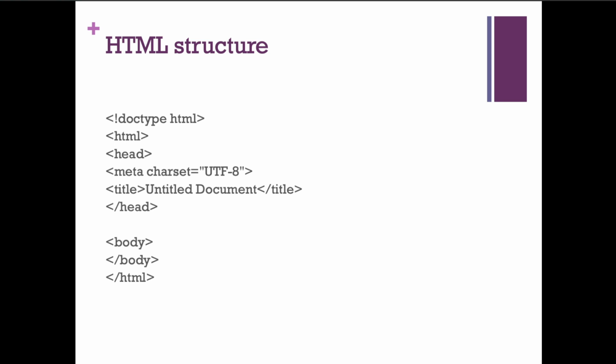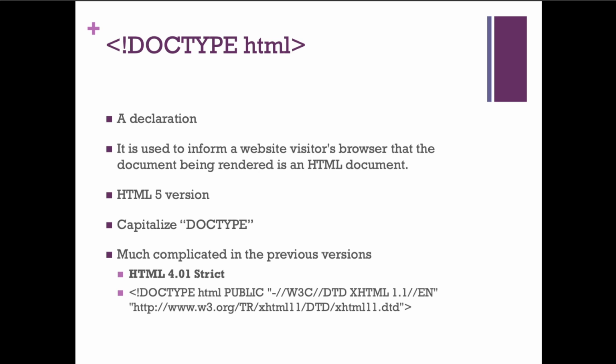So for the next few minutes, I'm going to explain what does what. So first of all, the first line, doctype. This is something called a declaration, which means any HTML needs to declare itself as an HTML document. It is used to inform the web page visual browser that the document being rendered, you know what rendered means now, is an HTML document.